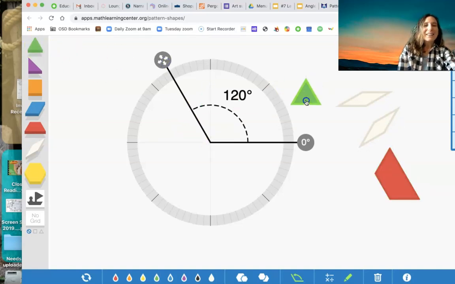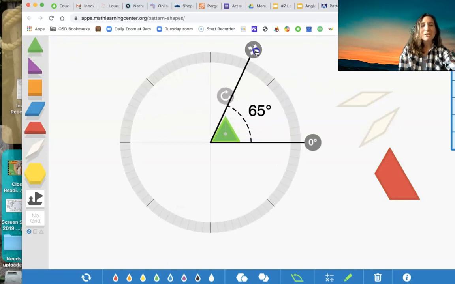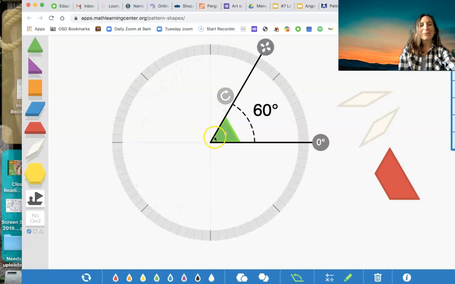Let's look at a triangle. So if we look at this triangle, we measure the side angle right here, it's equal to 60 degrees. And if we turn it, it's also equal to 60 degrees because this is an equilateral triangle. And this triangle has 60-degree measurements on all 3 angles.